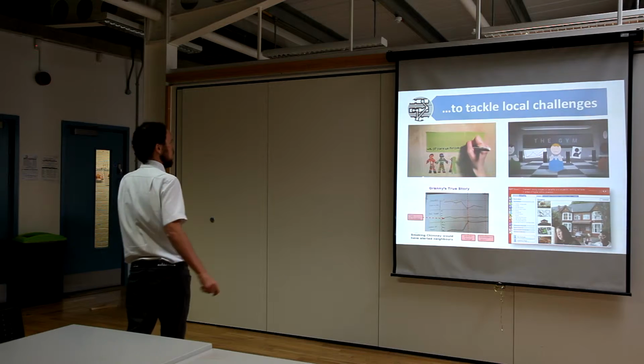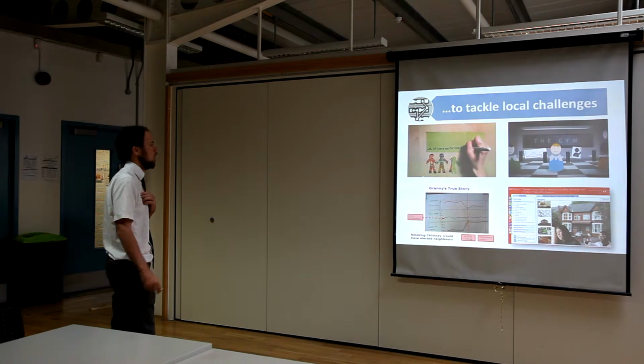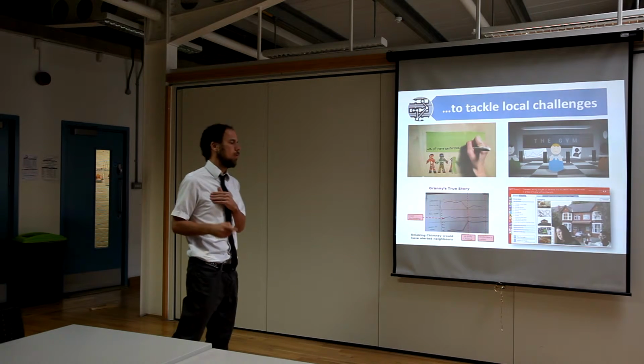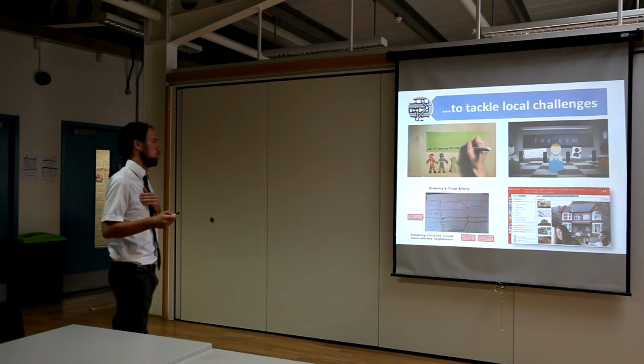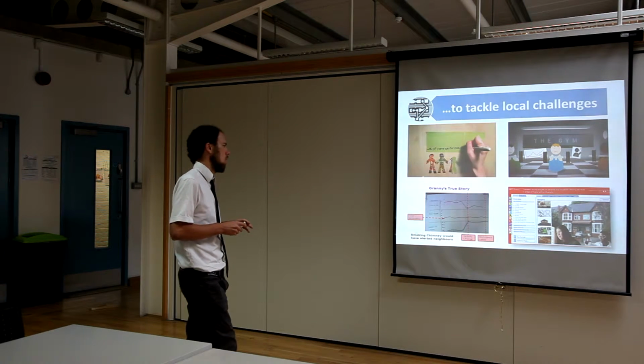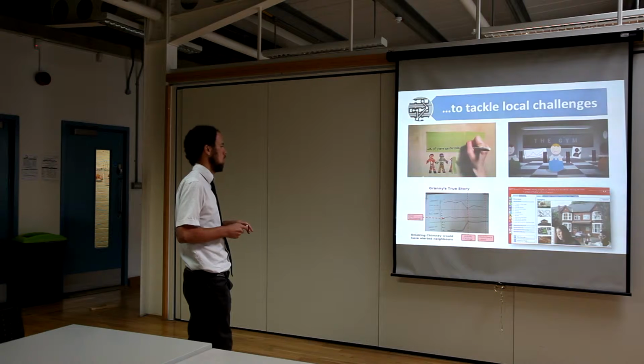So what we do, we set a challenge for every programme, which is universal enough that all of our residents can relate to, but specific enough that it mobilises a particular type of audience.